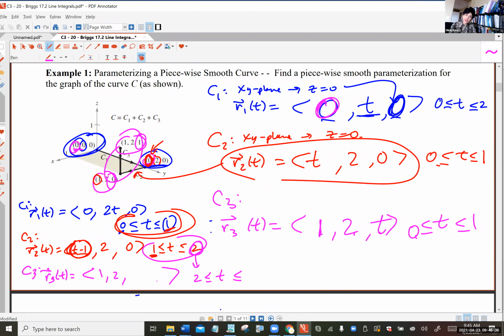And then the Z is what's changing. So they had their Z be T minus 2. Notice when you plug in the starting time of 2 seconds, your Z does begin at 0, so that works. And then if you have your T stop at 3 seconds, your Z will indeed stop at 1, and so it works. So this is an alternate way to parameterize the curve.